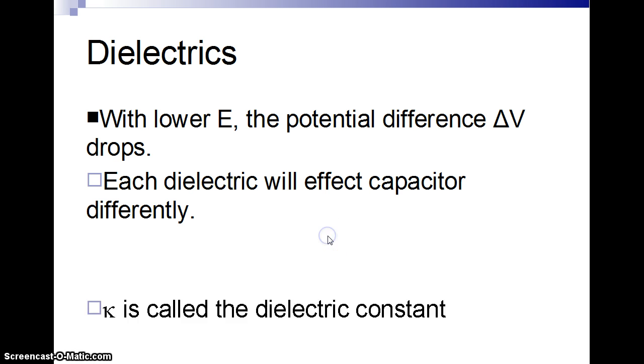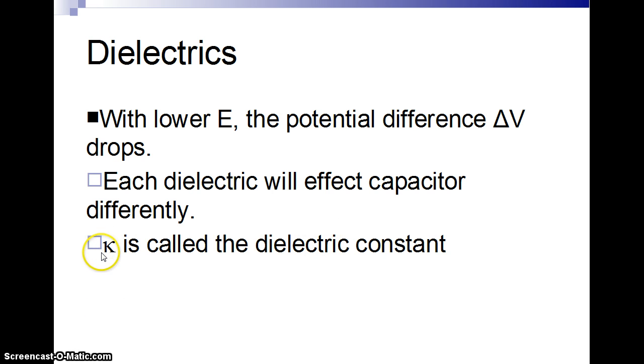So each dielectric has a different effect on it. And we're going to use the Greek letter kappa. I know it's kind of annoying, we got more Greek letters, kind of a curvy K. We call that the dielectric constant. It just tells you how strong of a dielectric it is.